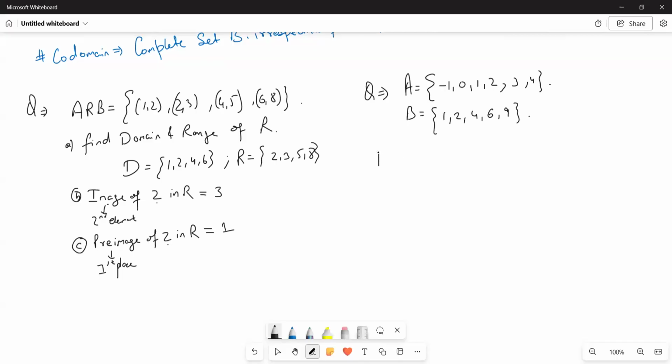Now we are defining a relation which will pair elements in the form (a, b), where a comes from set A, b comes from set B, such that a squared is equal to b. Now the first question: find the outcome of R.